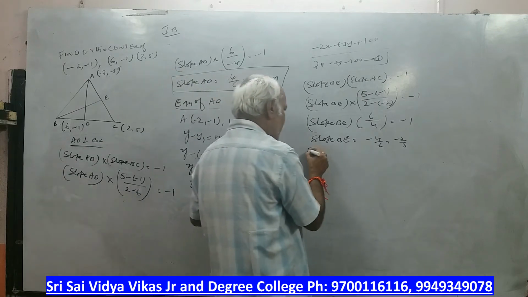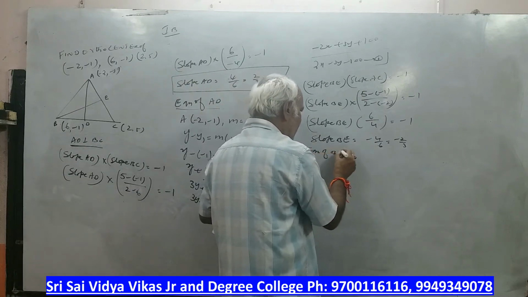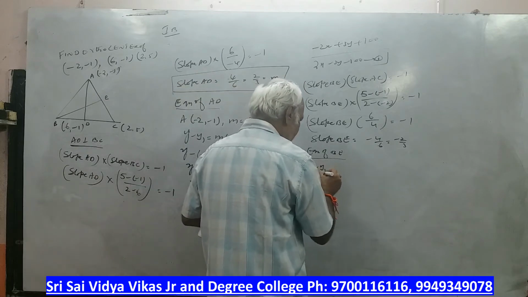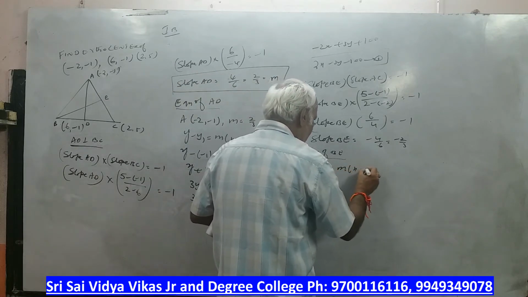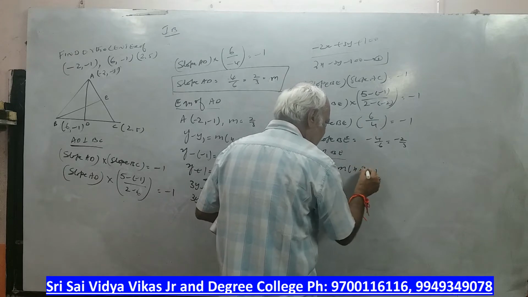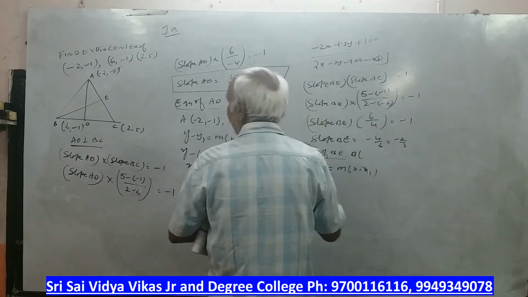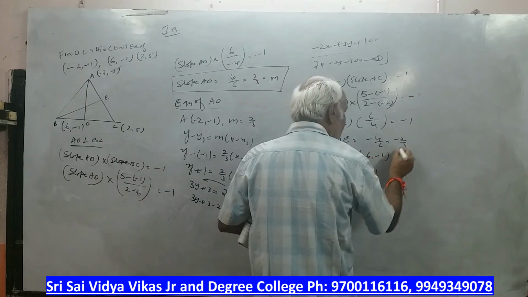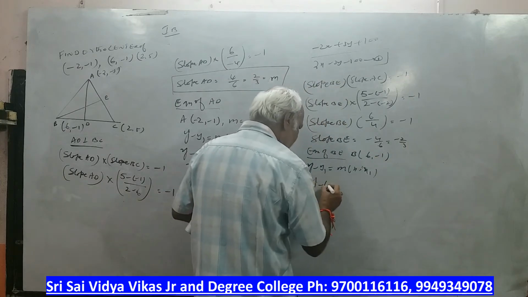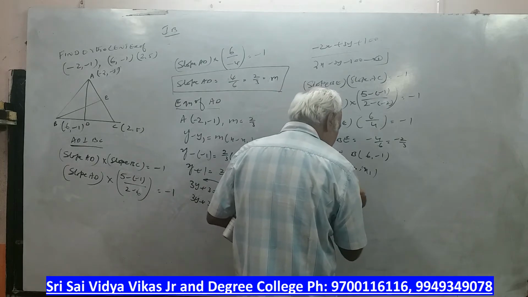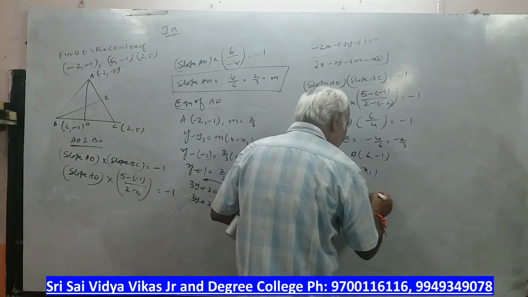Now equation of BE. What is the equation of BE? y minus y1 is equal to m into x minus x1. So here, for the B point I am writing 6 comma minus 1, m value we got. So y minus of minus 1 is equal to minus 2 by 3 into x minus 6.